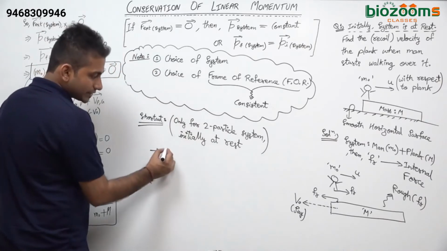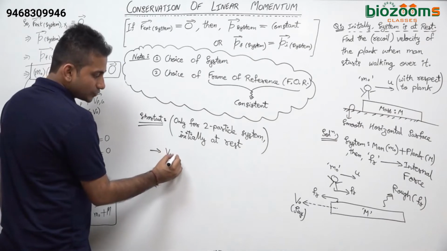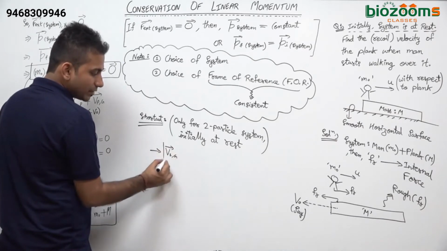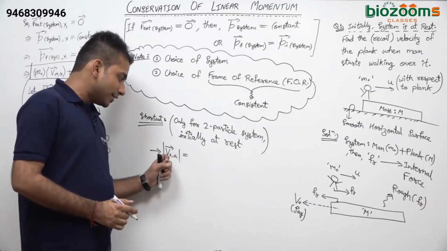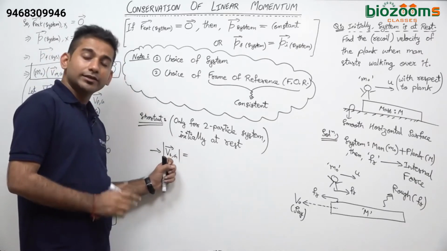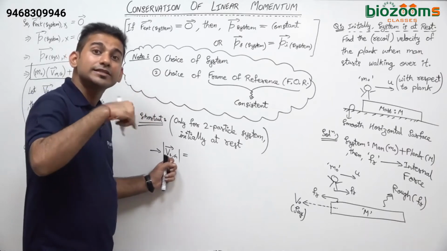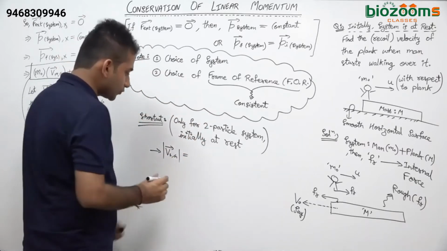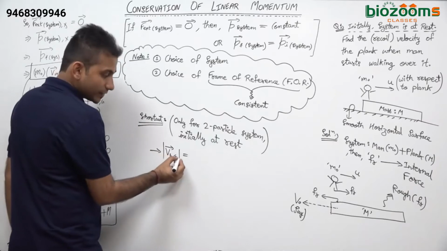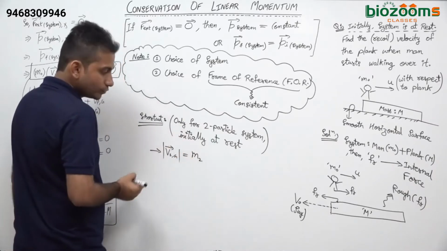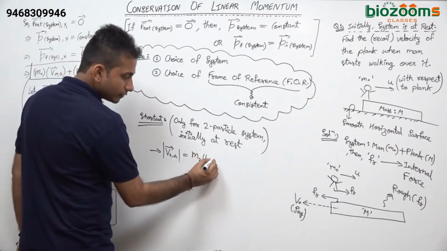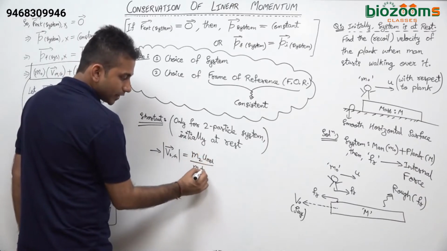So here can we say that the velocity of one object with respect to ground, finally in magnitude terms, will be given by, in the numerator, the mass of the other object. Velocity of one with respect to ground will be equal to m2 into u relative over m1 plus m2.